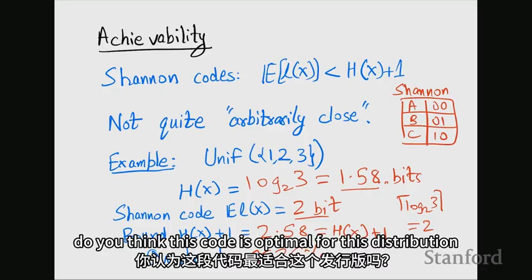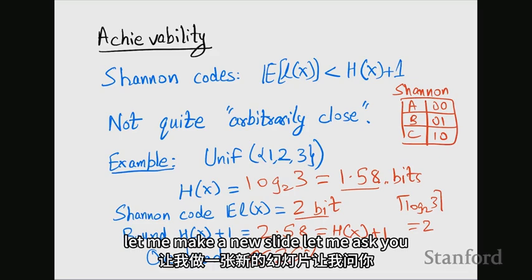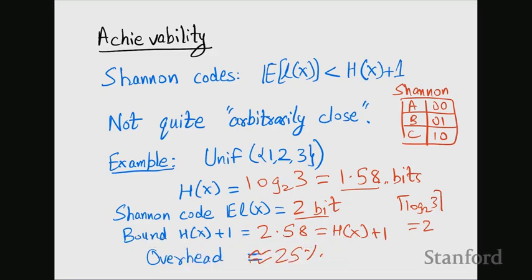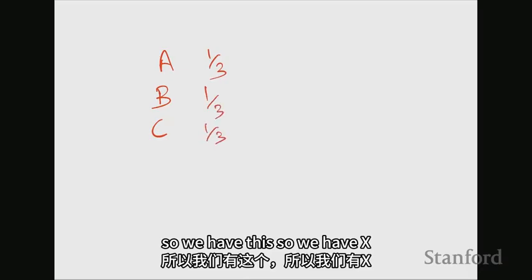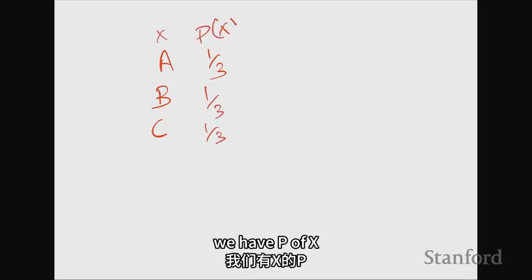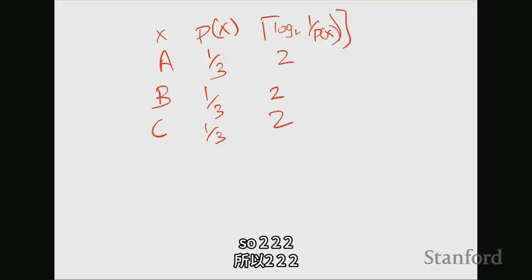Do you think this code is optimal for this distribution? Let me make a new slide. So yeah, let's do this properly so that we are on the same page. We have x, we have p of x, we have log 1 over p of x. So 2, 2, 2.